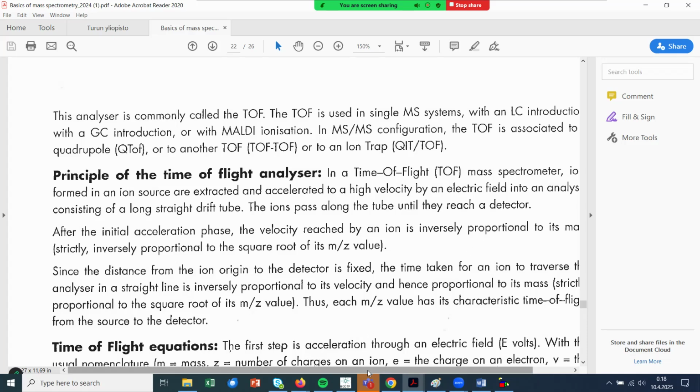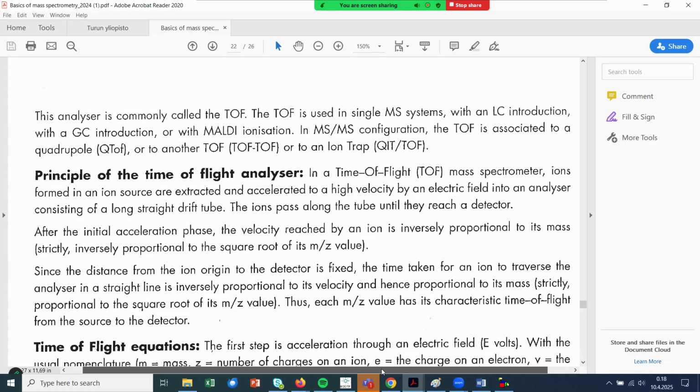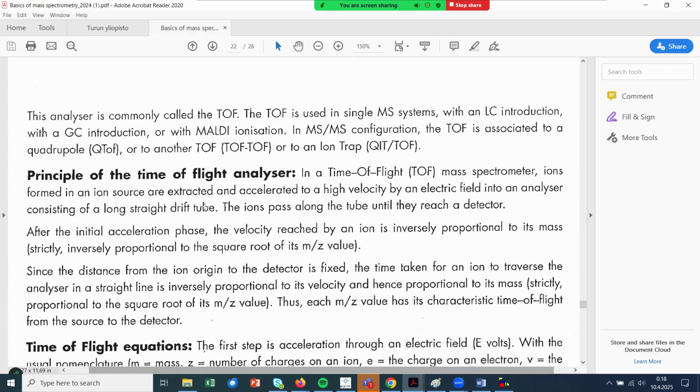So what it says here is ions formed in an ion source are extracted and accelerated to a high velocity by electric field into this analyzer. The ions pass along the tube until they reach the detector.